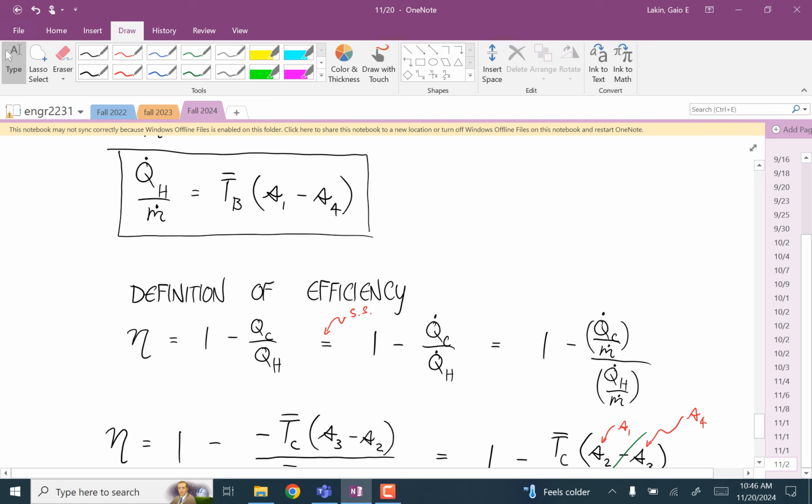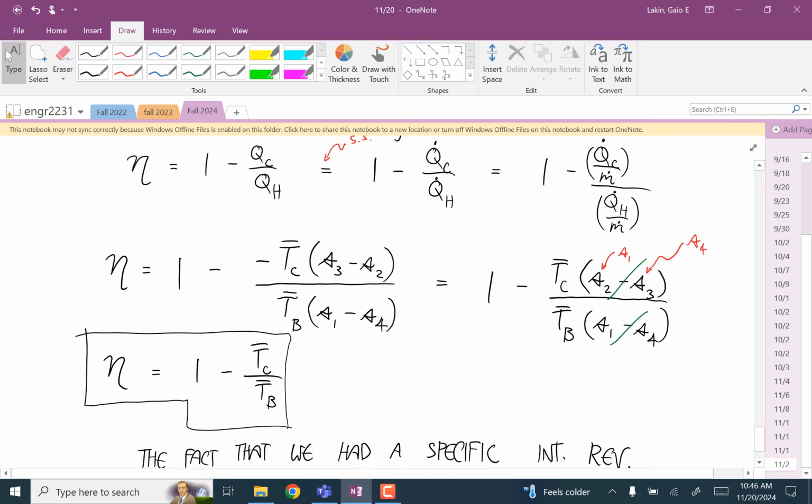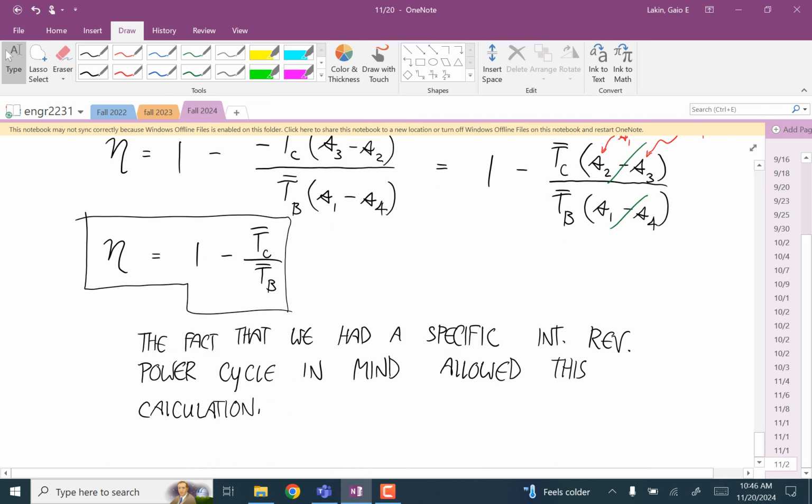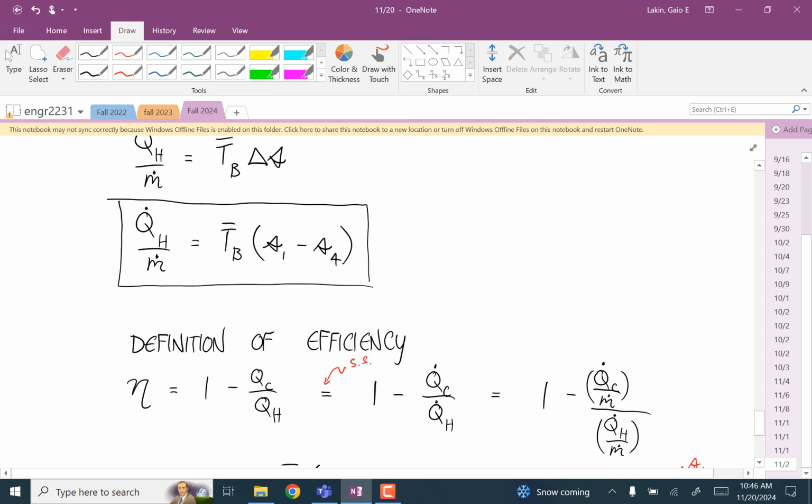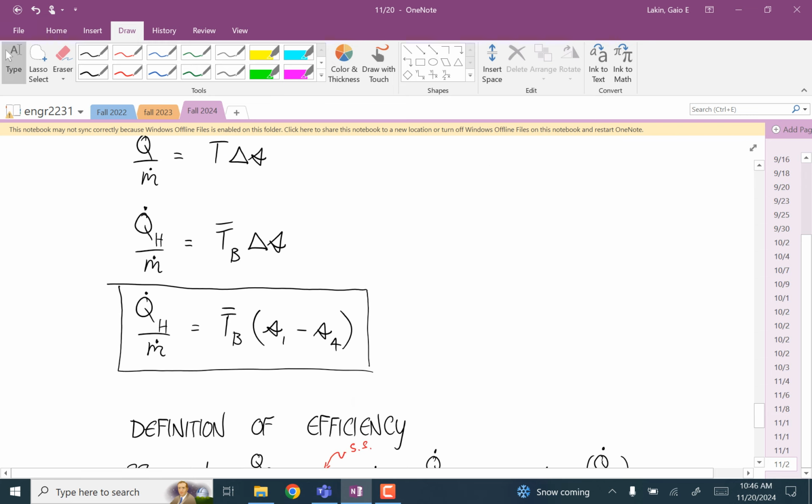But I just wanted to show that the real benefit of having this mathematically, of having this thing in mind, is that we can actually go and use assumptions that we've made to calculate specific things to get results that then we can apply more generally than just our specific case.